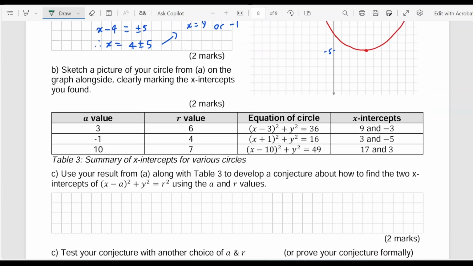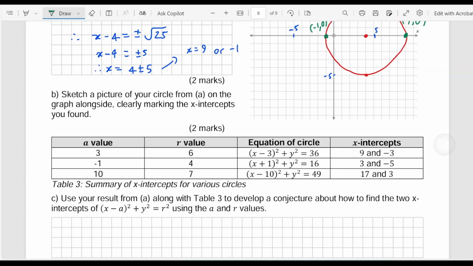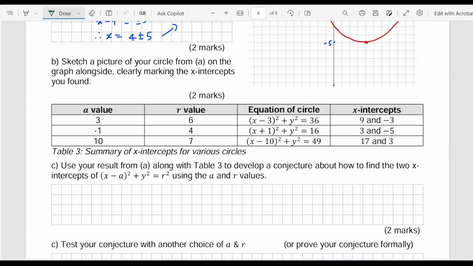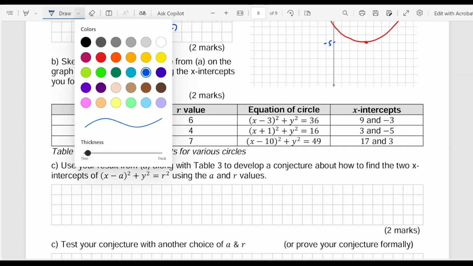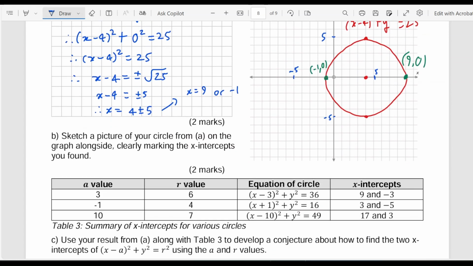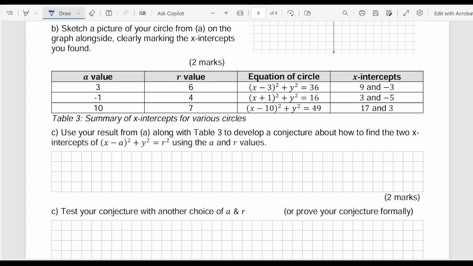All right, we've then got a table, and it tells you what the x-intercepts are, and how are the a and r values related. Well, I'm hoping the proof up in part A also clued you in a little bit, but essentially, the circle x take a squared plus y squared equals r squared has x-intercepts.